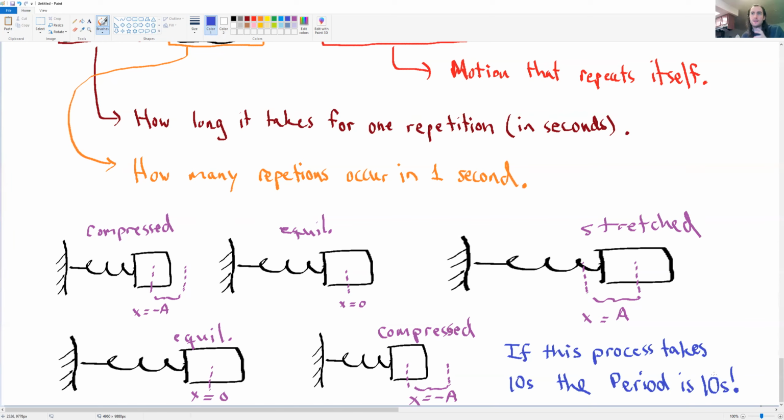So if I compress it and I let it go, it goes to equilibrium and then continues to stretch. And then when it's fully stretched, it comes back towards equilibrium. And then from equilibrium, it begins to compress again. And then when it's compressed back to its original starting position, that's one period. So the period is 10 seconds.